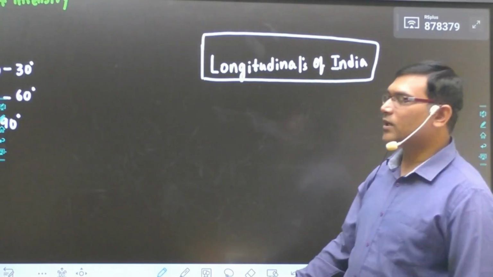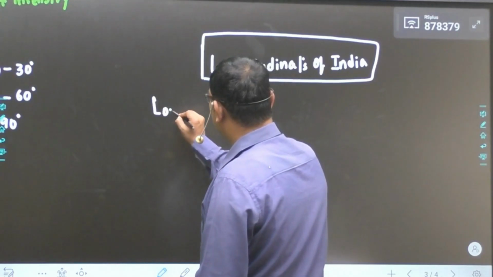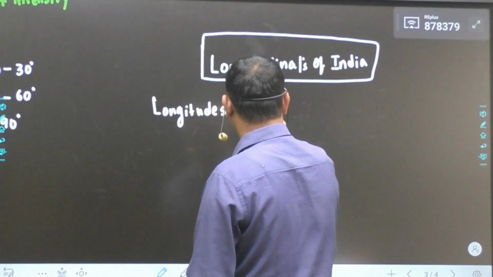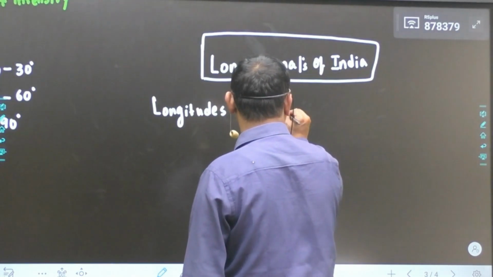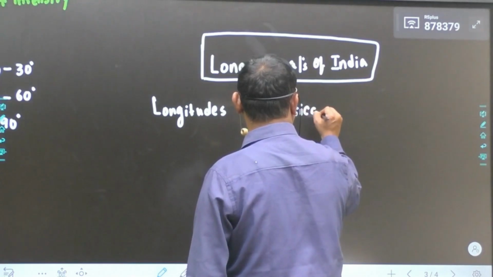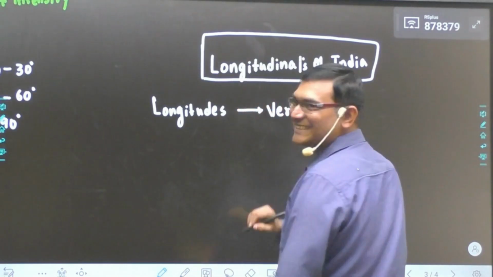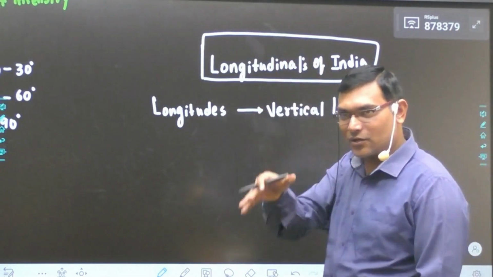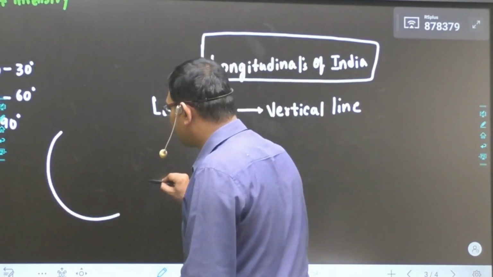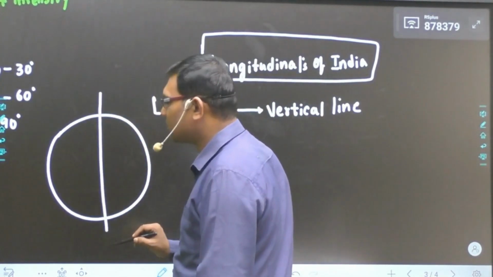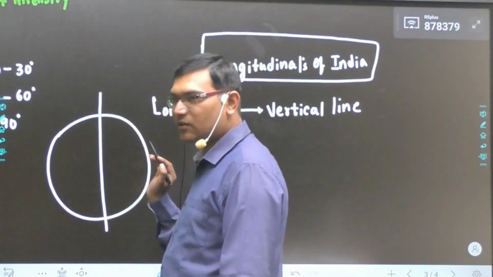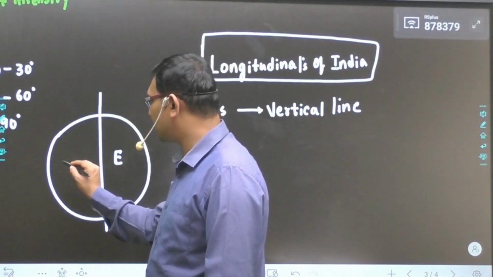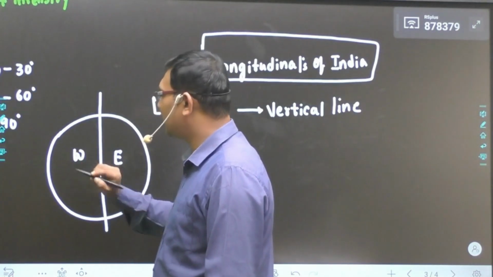So what do the longitudes define? What is the significance of the longitudes? Can I say they are imaginary vertical lines? Yes or no? They are vertical lines which are drawn. If this is a world map and I draw a line like this, towards the right side of the line it is called east, and towards the left side of the line it is called west.